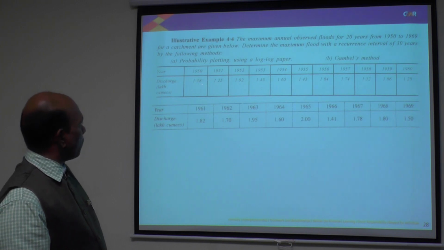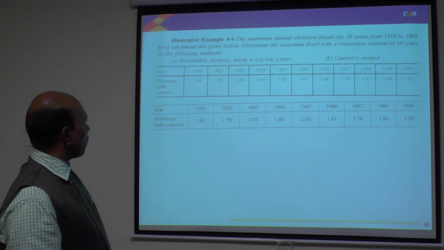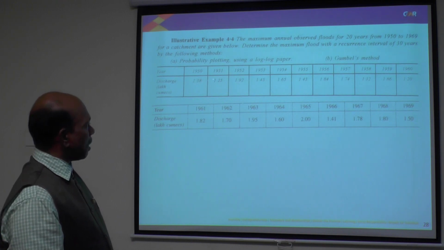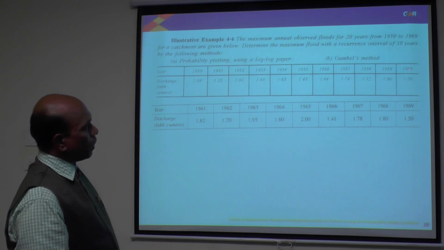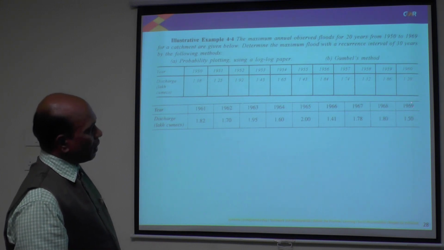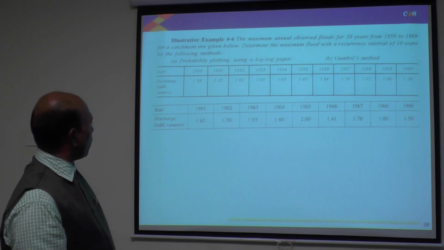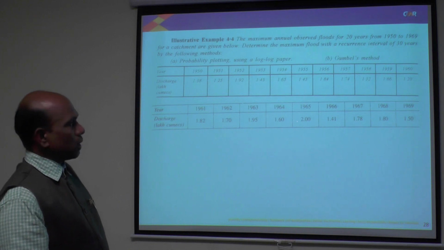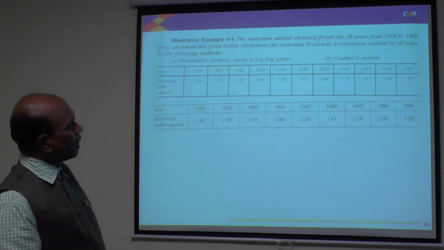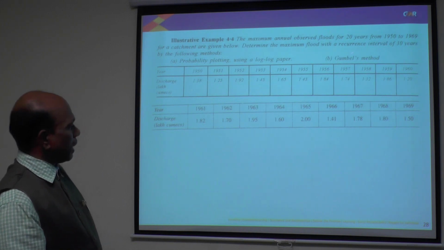This is the 1950 peak discharge, 1.38 lakhs, meaning into 10 power 5. For 1951, this is the peak discharge, and like that these are the discharges corresponding to each year. Here 1967, the peak discharge is 1.50 into 10 power 5. They have given the peaks for the corresponding years, and the return period is also given: recurrence interval 30 years.